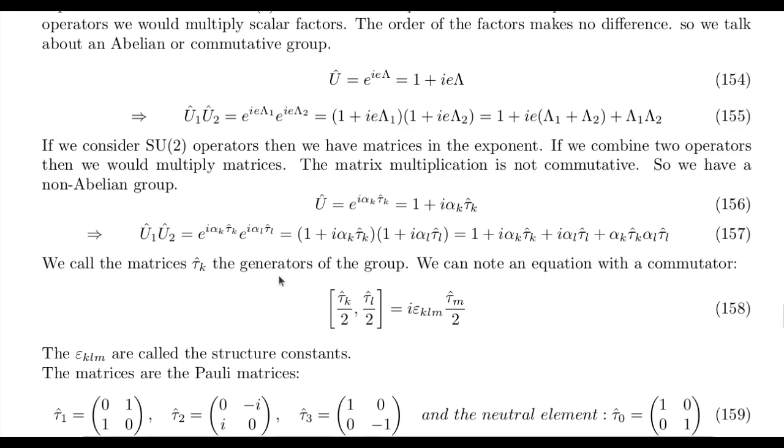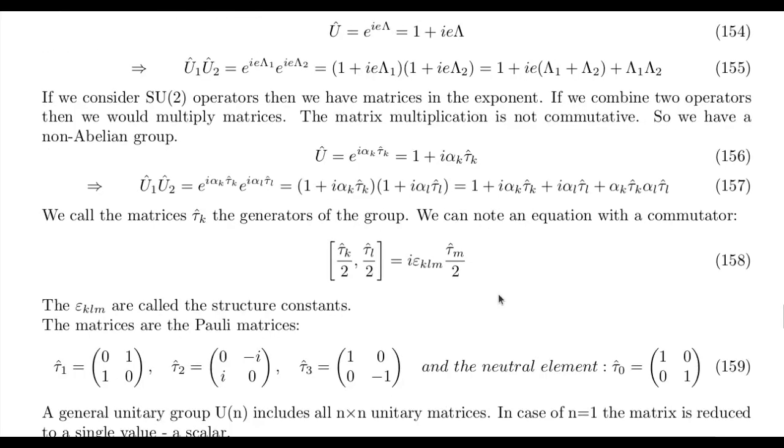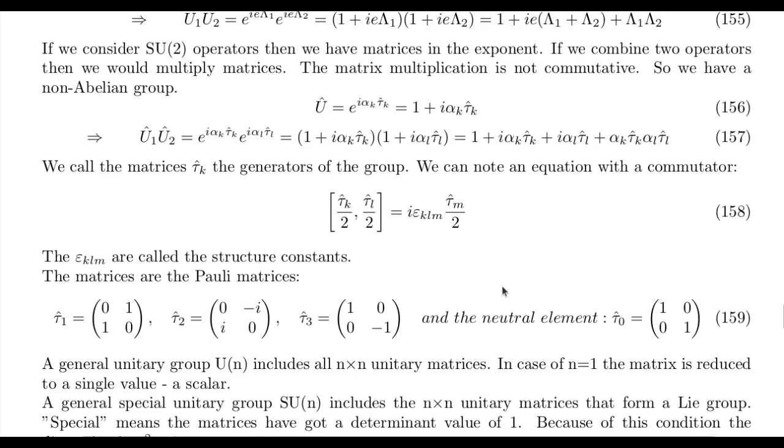We call the matrices tau the generators of the SU2 transformation group. We can write down a commutator for these matrices. That's this equation here, 158.